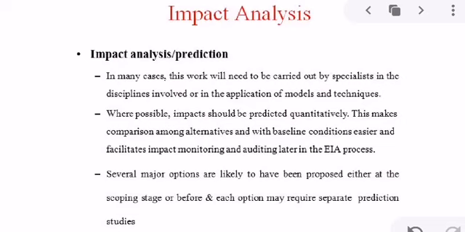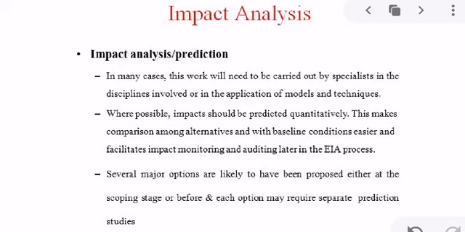Where possible, impacts should be predicted quantitatively. This makes comparison among alternatives with the baseline conditions easier and facilitates impact monitoring and auditing later in the EIA process. If quantification is difficult, then it is important to use methods that allow the impacts to be estimated and compared systematically.